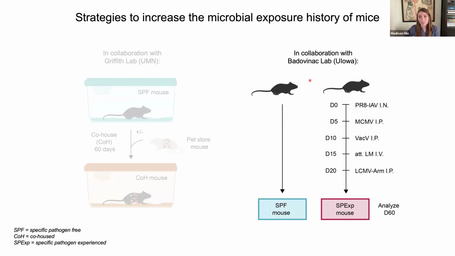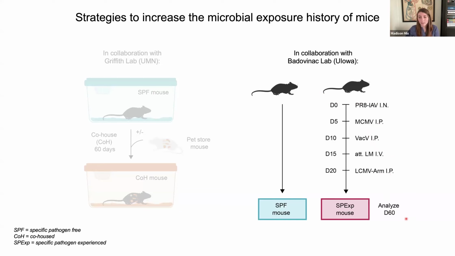In parallel, closer to home here at the University of Iowa, we were able to collaborate with the lab of Vladimir Badavinek, wherein we were able to utilize a sequential infection model wherein mice were infected 5 days apart with 5 highly tractable peripheral infection models. These include PR8 influenza, murine cytomegalovirus, vaccinia virus, attenuated Listeria monocytogenes, and LCMV strain Armstrong.